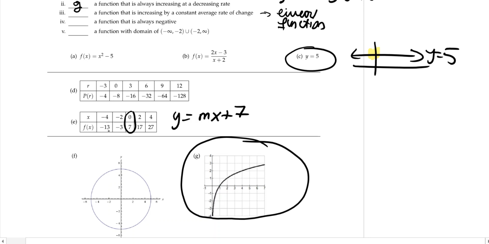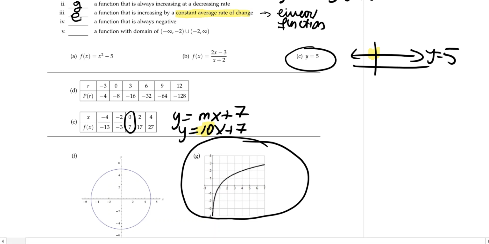And if you notice, if I add 10 to negative 13, I get negative 3. If I add 10 to negative 3, I get positive 7, and so on. So the slope is 10, and the equation is 10x plus 7. The rate of change stays constant, and it's 10. So then E is the answer for that one.